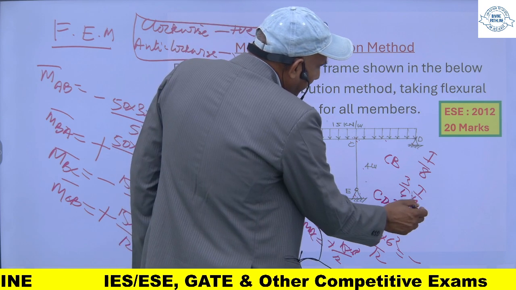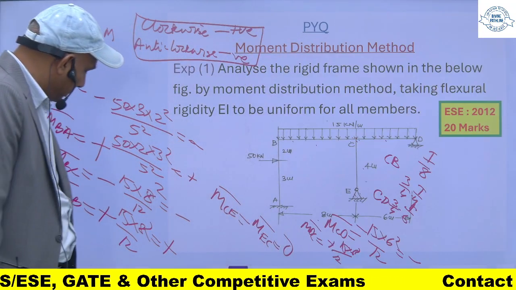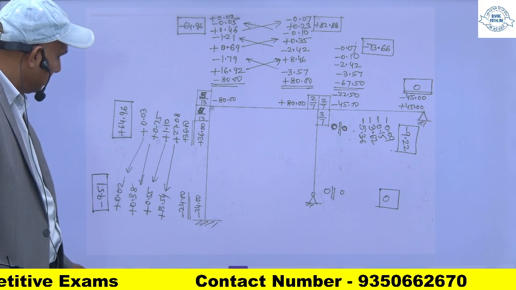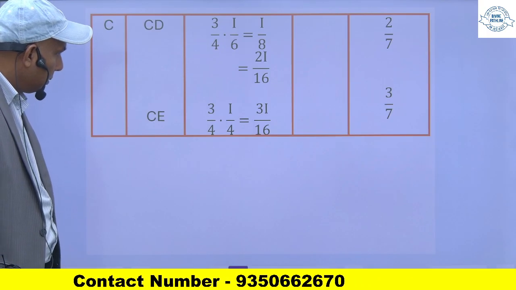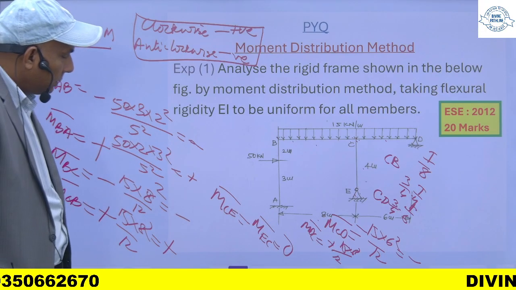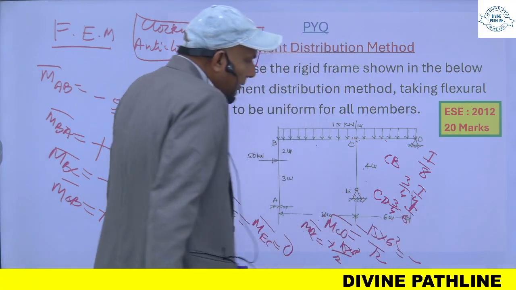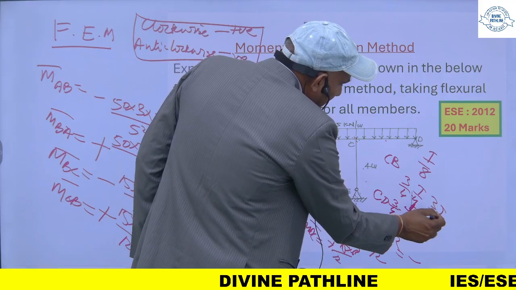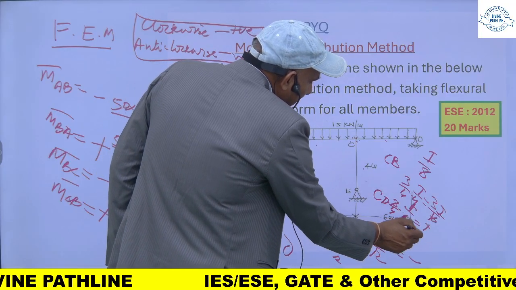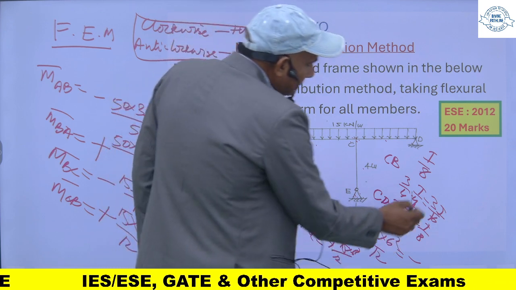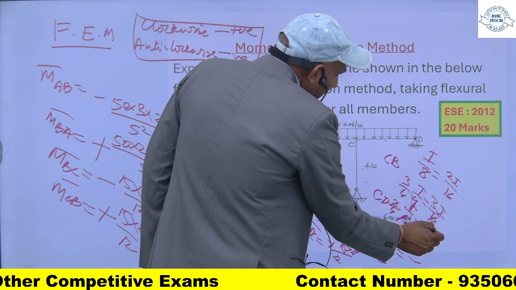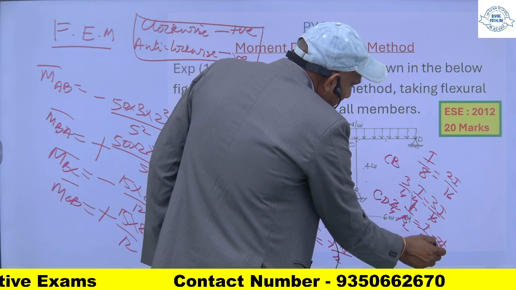So this will be 3I upon 16, and this will be I upon 8. For making the denominator the same, I will multiply this by 2 and this by 2. So I will get this one.